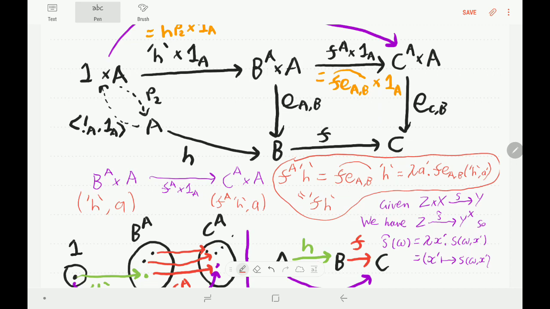But here we have a more general situation where we have this S, which takes in two inputs, a W from Z and a little x from X, and it outputs something from Y. So what does it mean to do the transpose of that, as in S cap, on some W from Z? Well, what we get is lambda x dash dot S of W comma x dash.